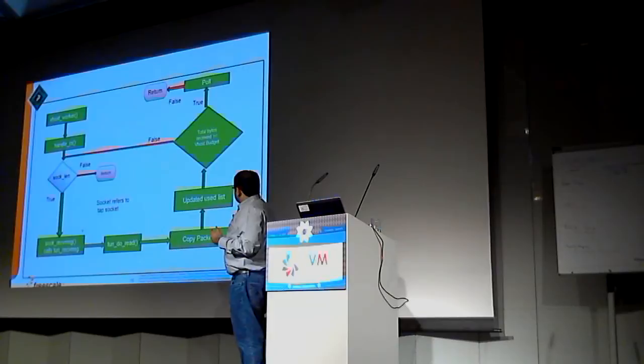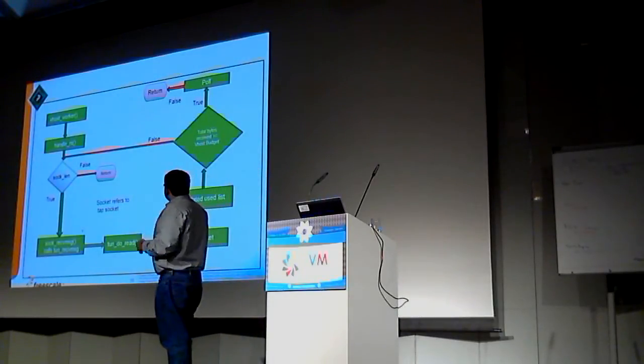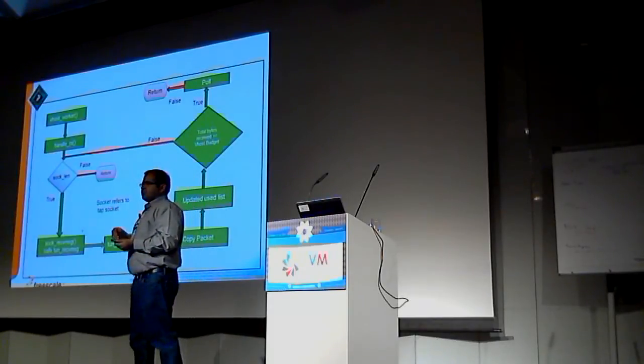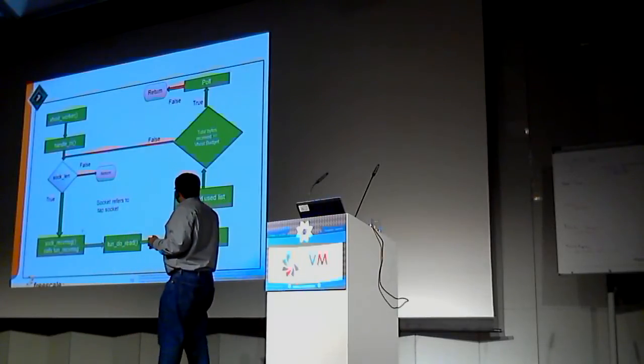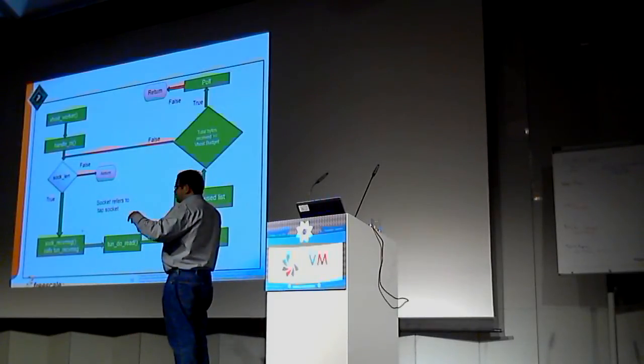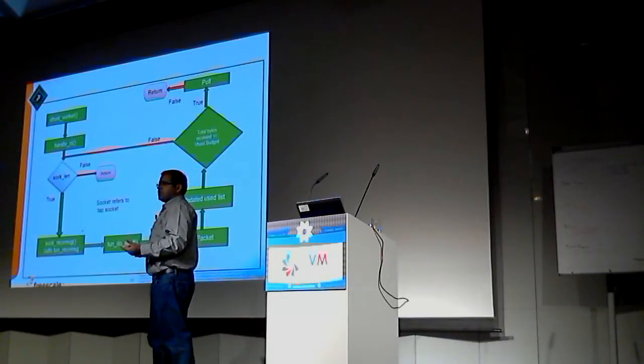Once the data is copied, there is a check again, where we see if we have handled a specific budget defined over here. Why do we have this? The same vhost thread is supposed to process the RX and the TX jobs. So in case we have processed a significant number of jobs, we break out from here and see if there is another work item enqueued for us.